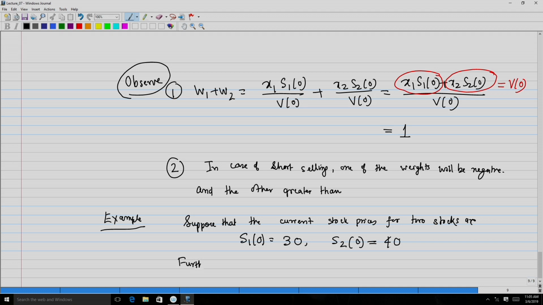Further, suppose that the amount of money that is available for investment is 1000, and remember that we denote this by V0.